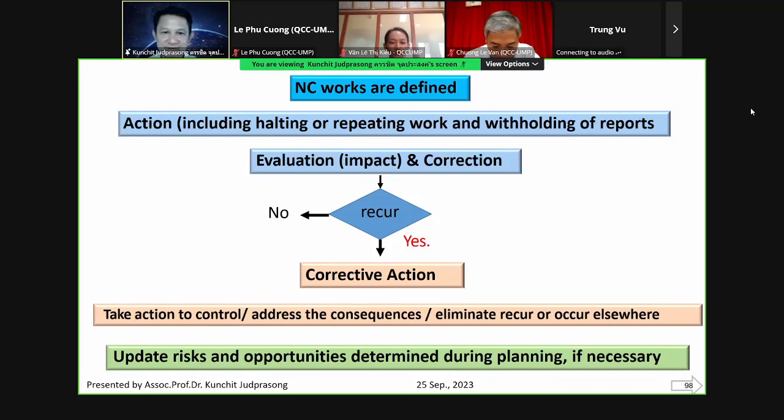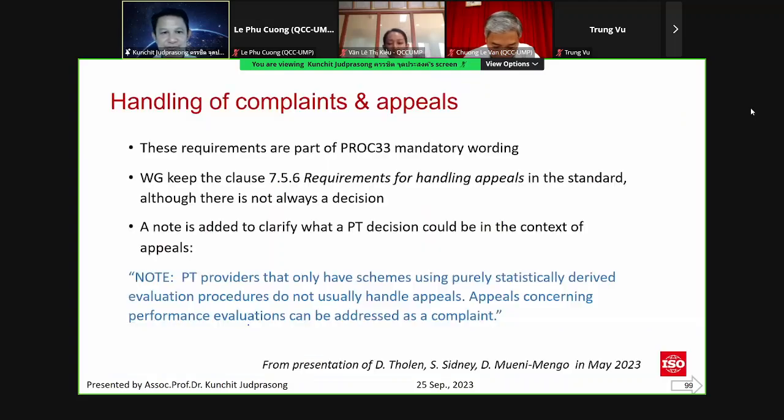If not recur, it's okay, so you can finish that NC work. Take action to control and address the consequences, imminent recurrence or elsewhere. So you have to update the list of risks and opportunities determined during the planning if necessary. So this is the one that you have to do.